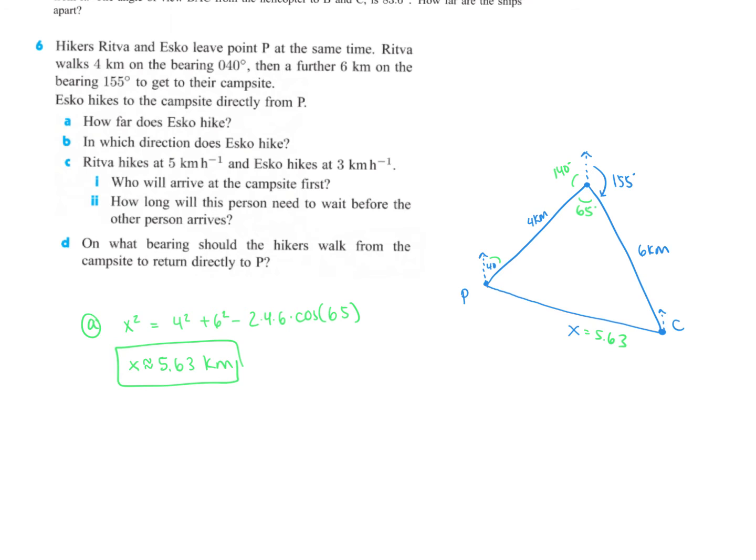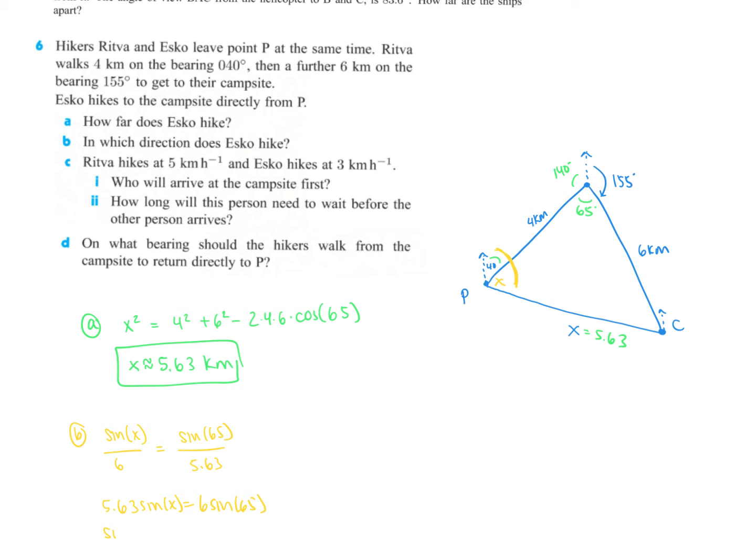In which direction does he hike? So basically, we're looking for his bearings. We need to find this whole thing out. To find this angle, you could do law of sines, law of cosines, anything. I'll do law of sines. So sine of x over 6 equals sine of 65 over 5.63. 5.63 sine of x equals 6 sine of 65.